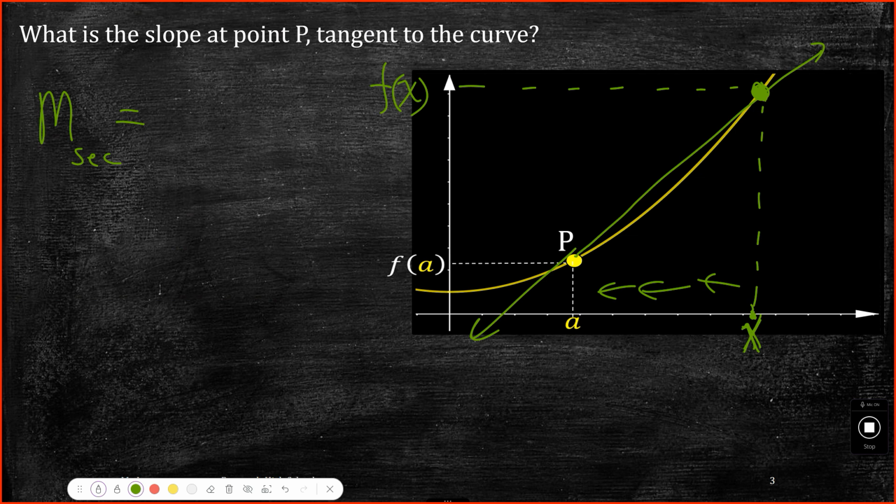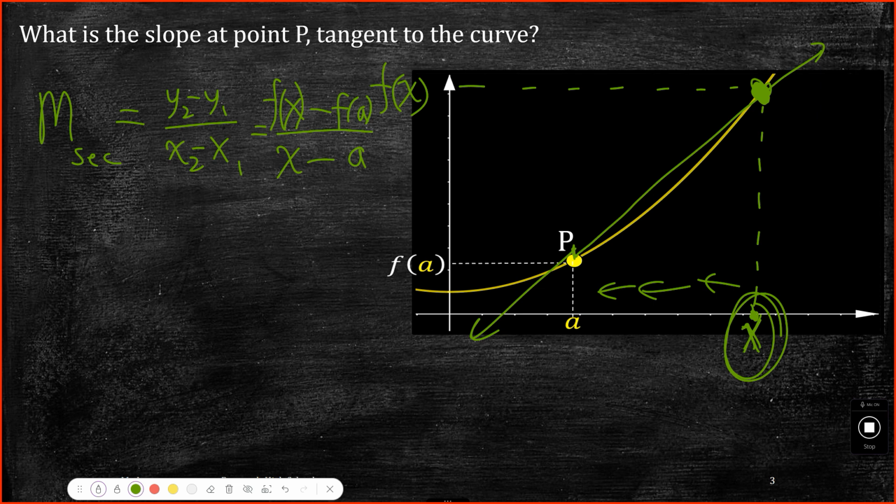Going back to algebra 1, m secant is y2 minus y1 over x2 minus x1, and we substitute in, jumping into a little more function notation. We're calling this point 1. Point 1 is a, so this is a, and this is f of a. Our second point, point 2, has x2 value x, and then f of x. That's the secant slope.